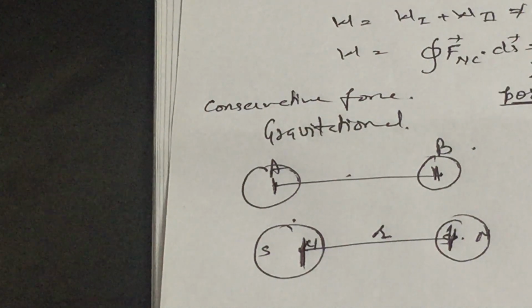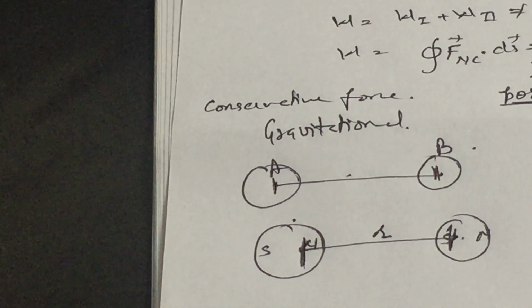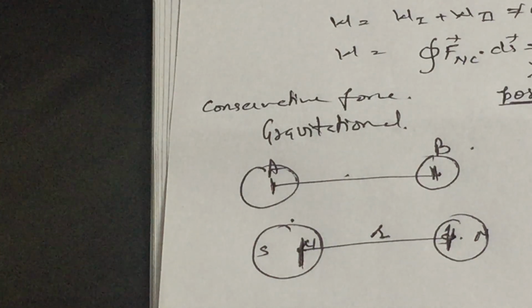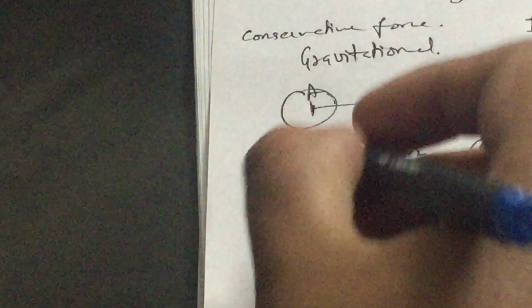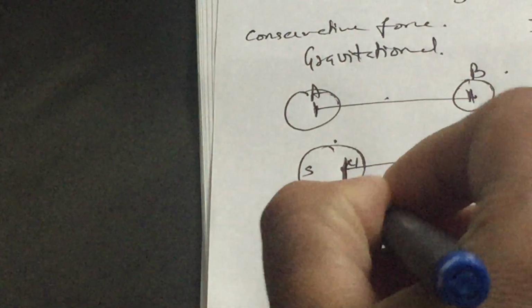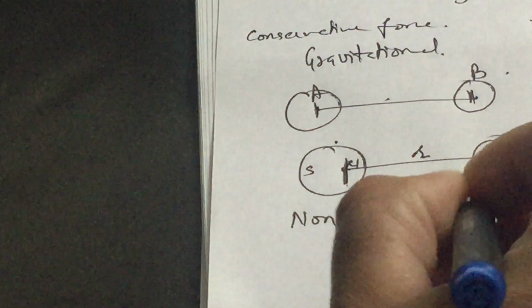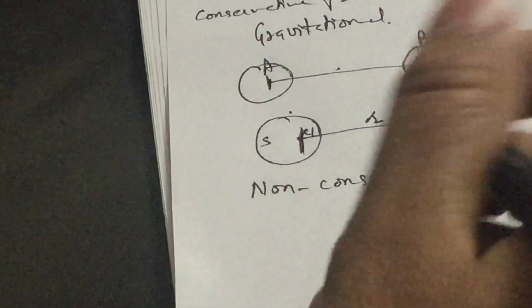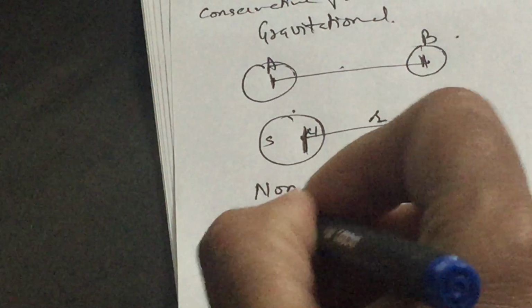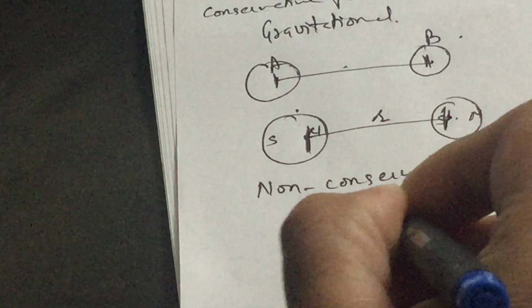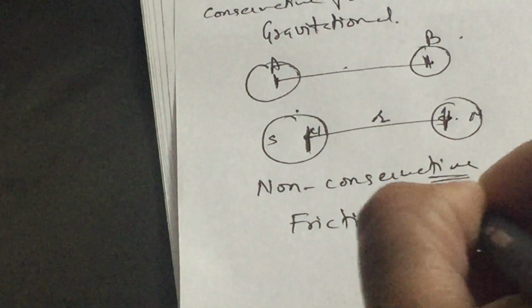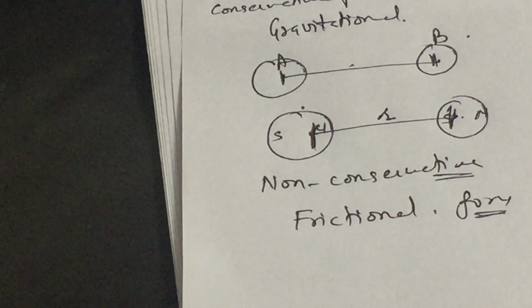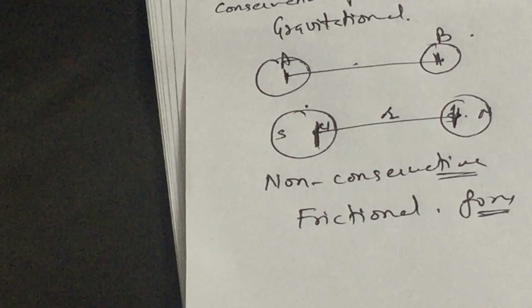For non-conservative forces, consider those forces which depend upon the path followed. In the case of non-conservative forces, the friction force is the most common example. In frictional force, the work done depends upon the path followed by the body.